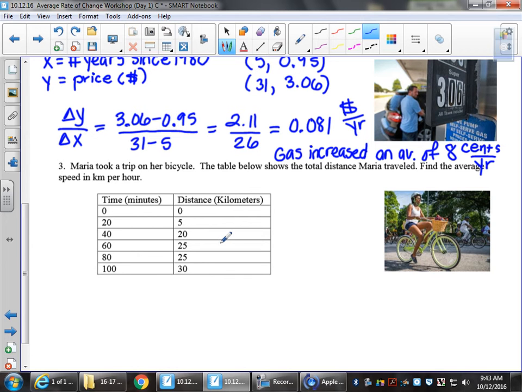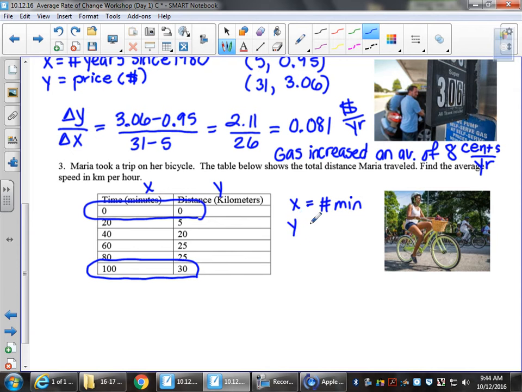So which 2 ordered pairs does it make sense to use? Last one and the first one. Very good. We'll use her start and where she finished. Now, when I have a table or a graph, it's nice because I already can see what X and Y is. So X will be number of minutes or time in minutes. And what's Y?